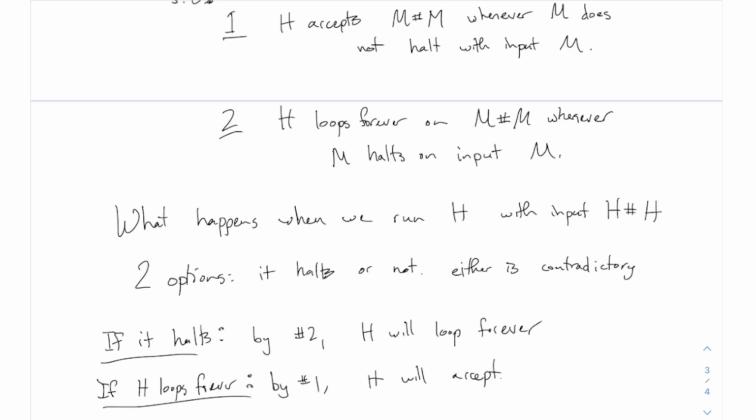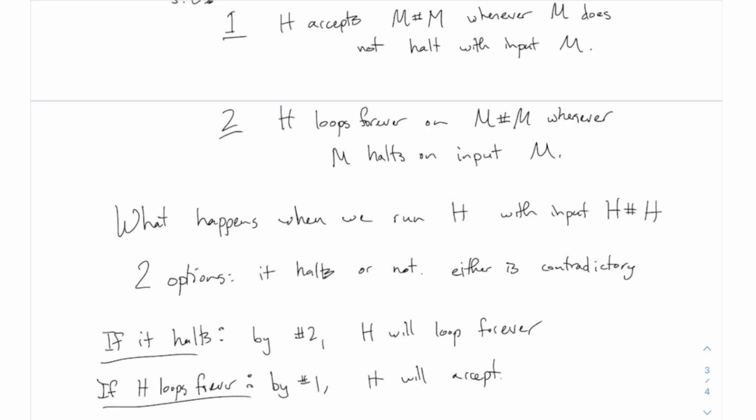You can run H on any input that you want, for any machines. The question is, what happens if you run H on itself, H hash H? And the answer is, if H halts on H, then that computation will loop forever, which is the opposite of halting. And the other way around too. If H loops forever on H, then that halts, which is, again, the opposite of what it's supposed to do.